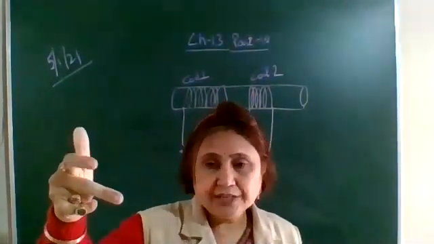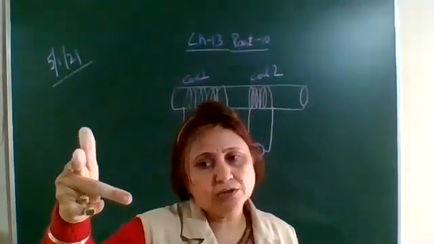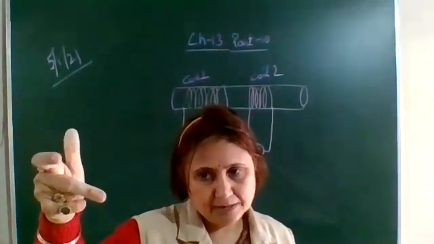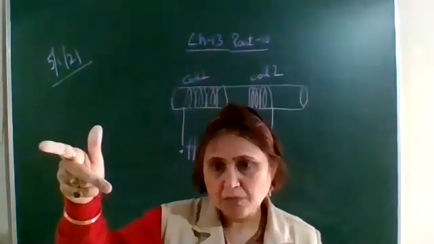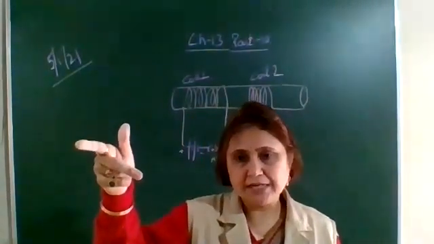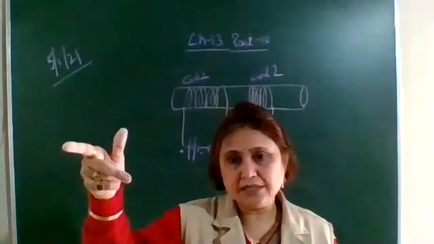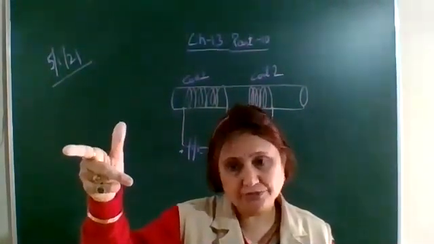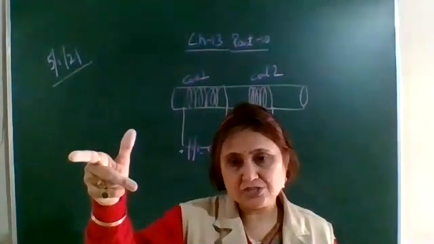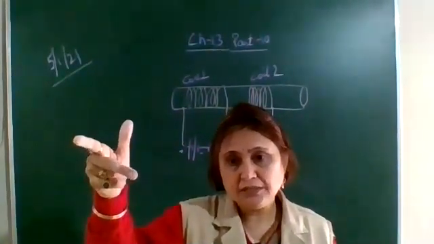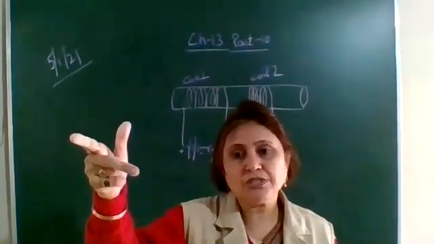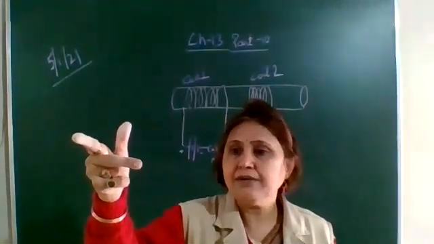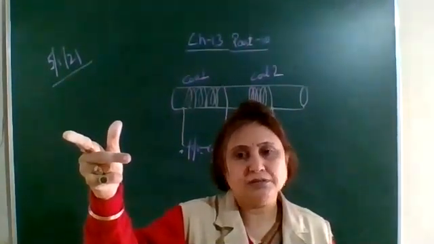Now, if the first finger is pointing along the direction of the magnetic field, and the thumb is pointing along the direction of the motion of the conductor, then the current produced in the conductor will be given by the center finger.